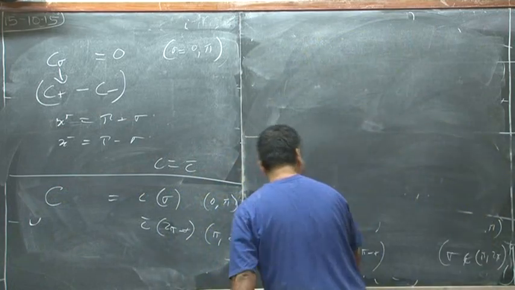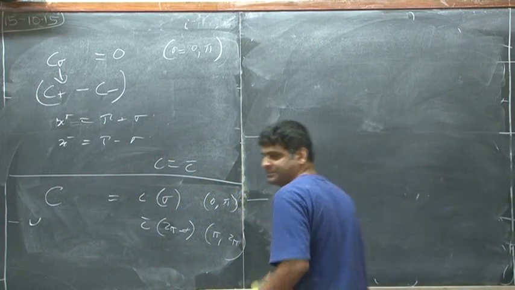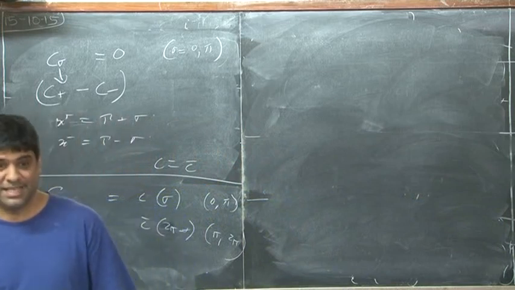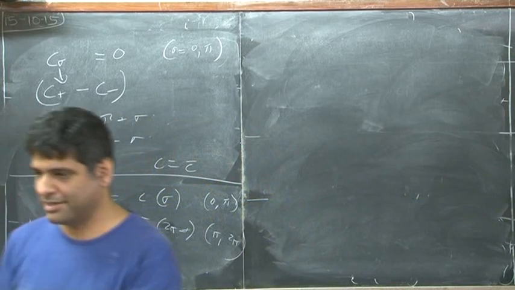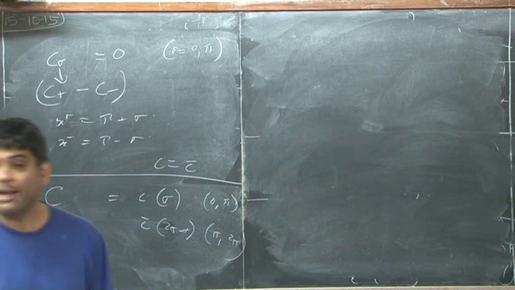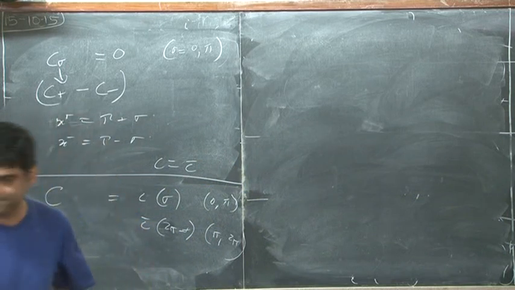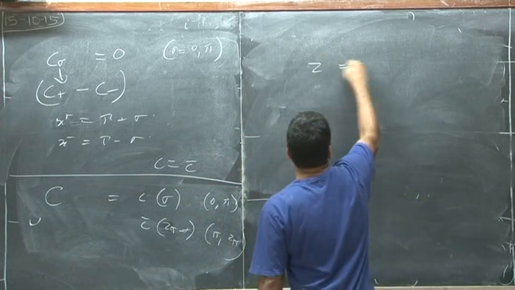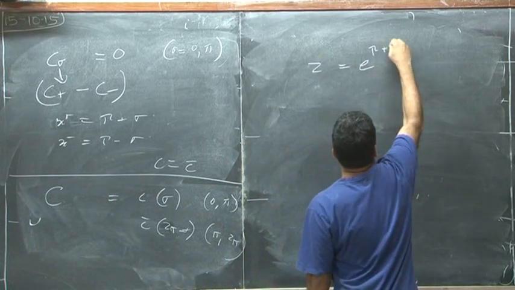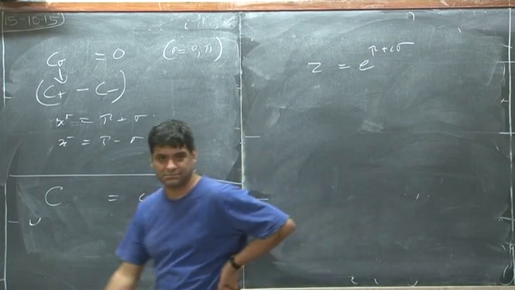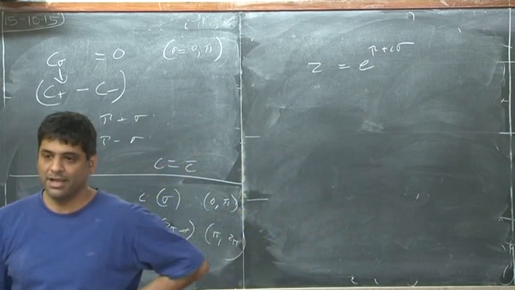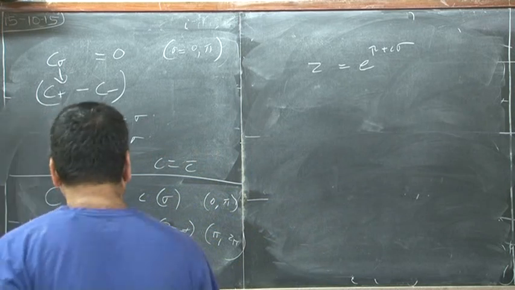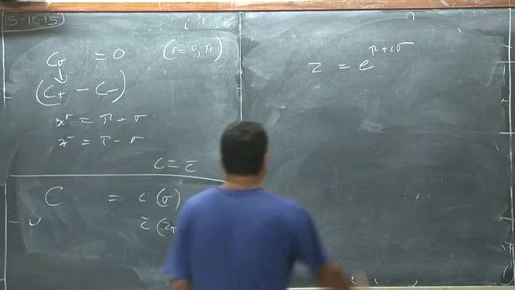Okay? And of course, when we actually do calculations, we take this strip and conformally map it to the plane. More precisely, we took the cylinder and conformally mapped it to the plane. What happens to the strip when we conformally map it? So our conformal mapping took us to z, which was e to the power tau plus i sigma. Okay? If sigma is restricted to 0 to pi, where on the z plane do we land up?